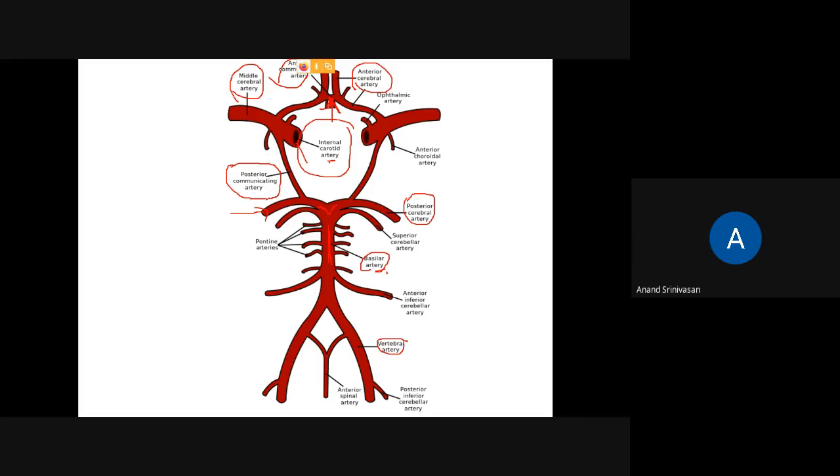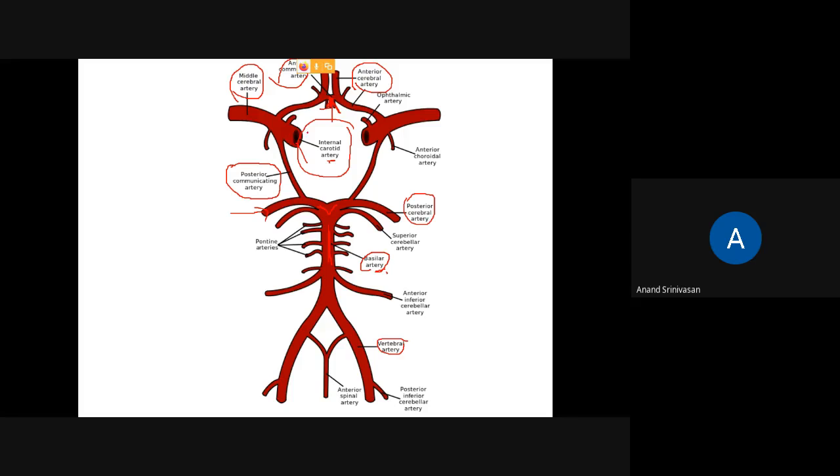All right. So once again, the circle of Willis is formed by the internal carotid artery and by the vertebral artery. The two vertebral arteries join together to form the basilar artery. The basilar artery divides into two parts, the right and left posterior cerebral arteries.